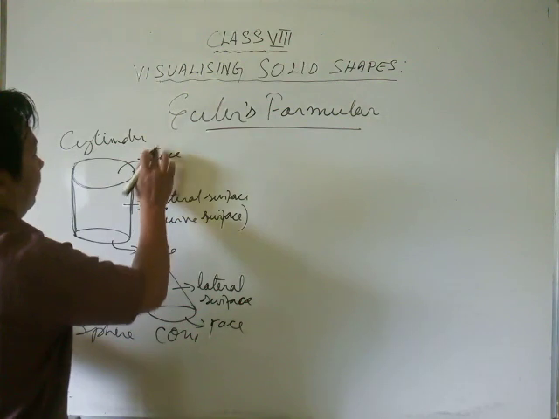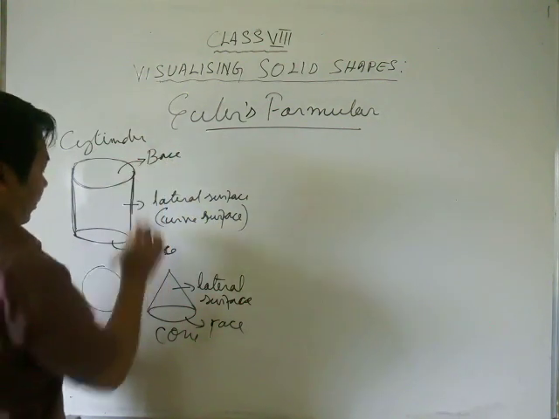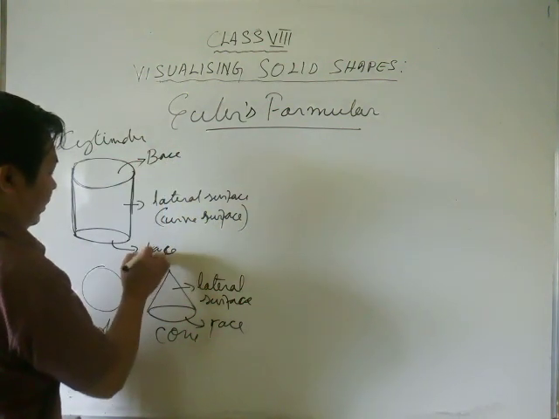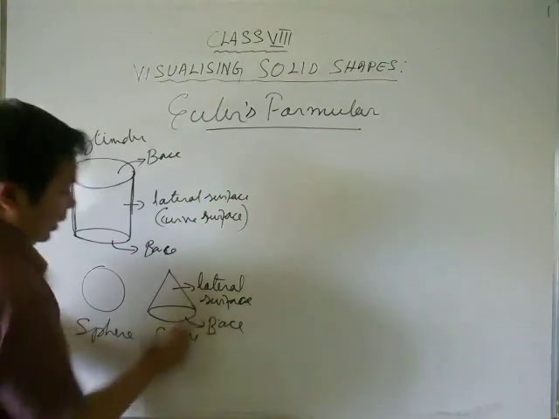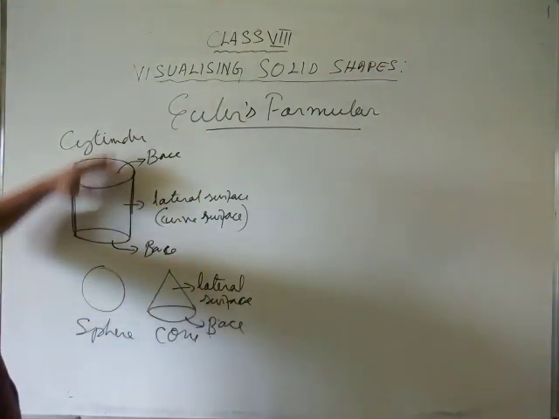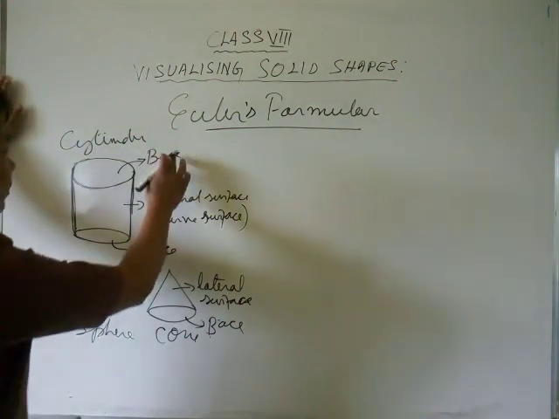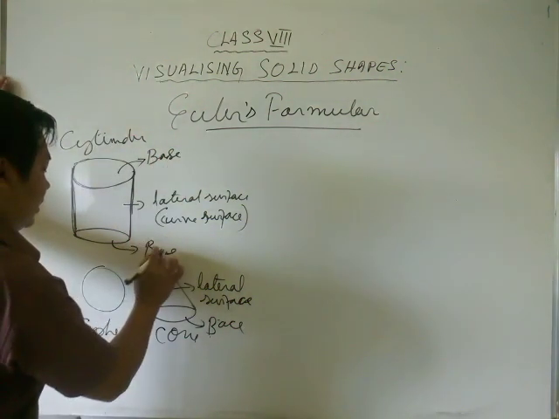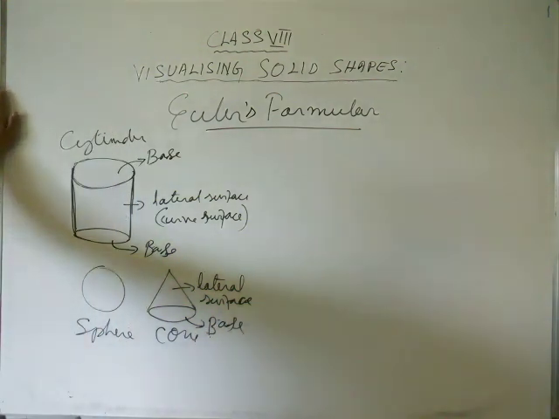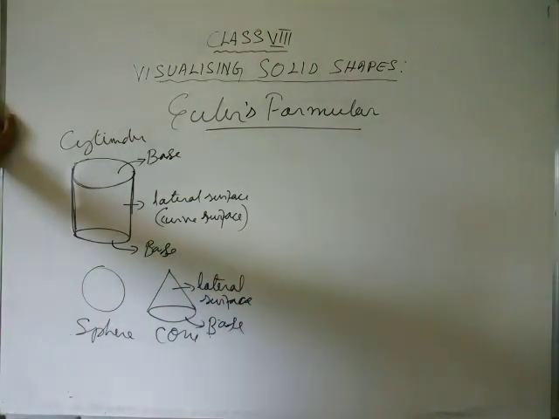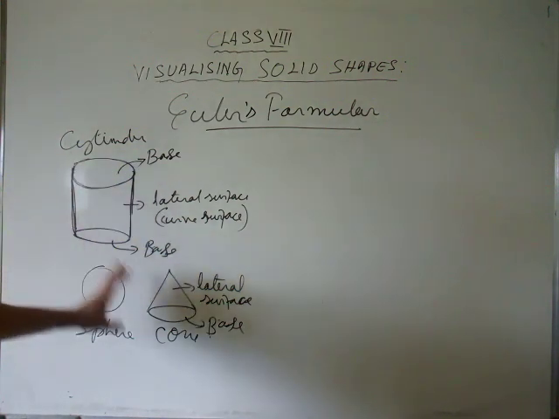So this face will be known as base again. Okay, it is another face, but it is called base. So this is also called base. Lateral surface, base, base. This is B-A-S-E, base. Here also base. The faces will be named as base in such type of figure, cylinder or cone.